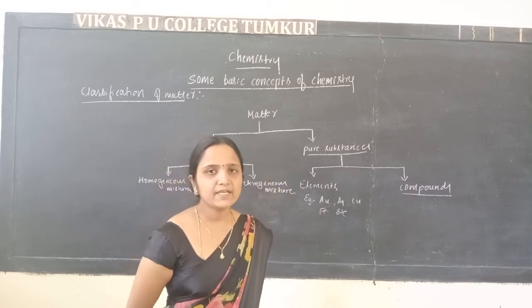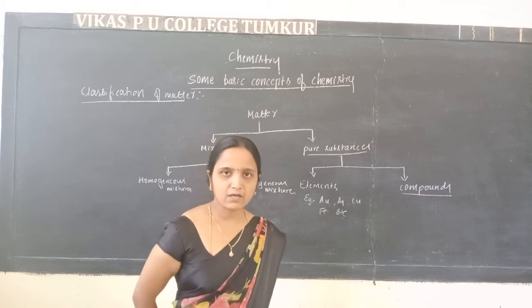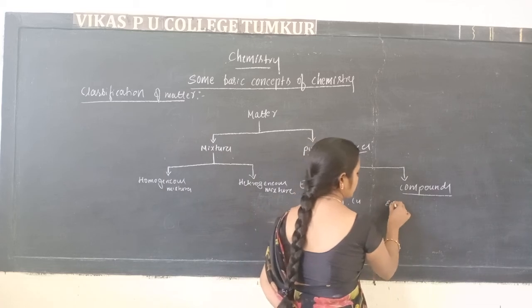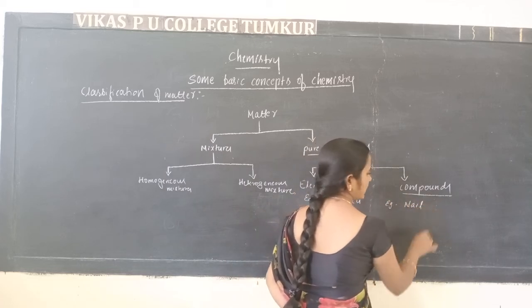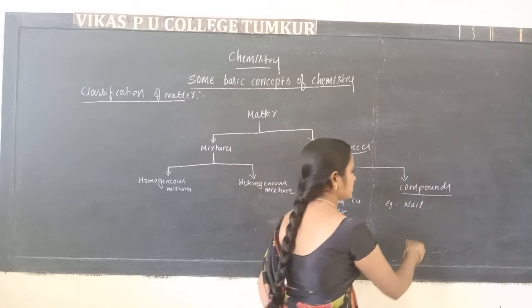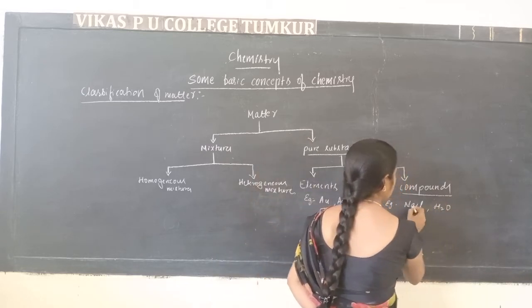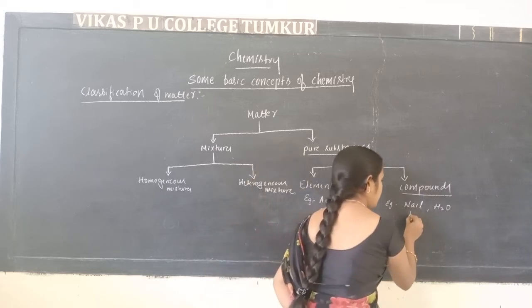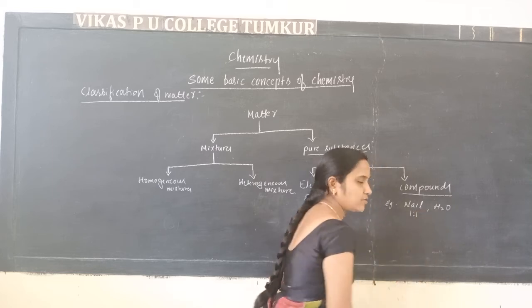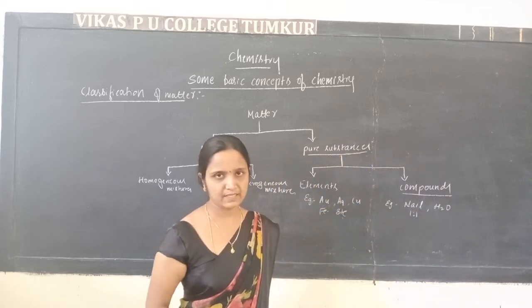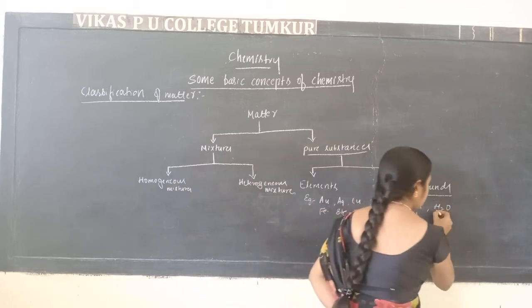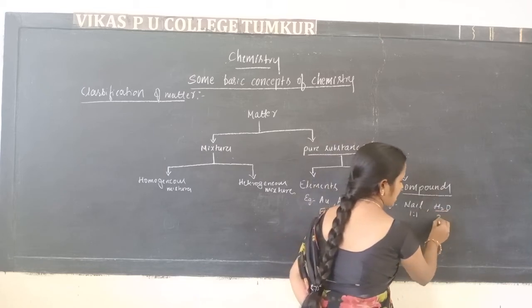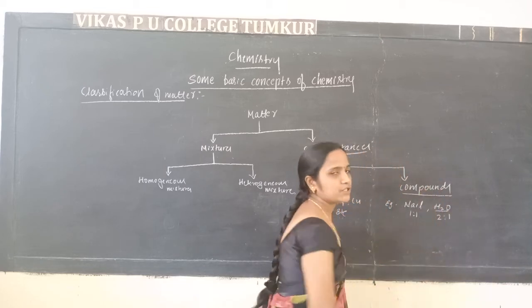That we call as compounds. An example for compound is sodium chloride. Another best example is water. Sodium and chlorine, two types of elements, have a 1:1 definite ratio. If you take the example water, that is H2O, hydrogen and oxygen have the definite ratio 2:1.